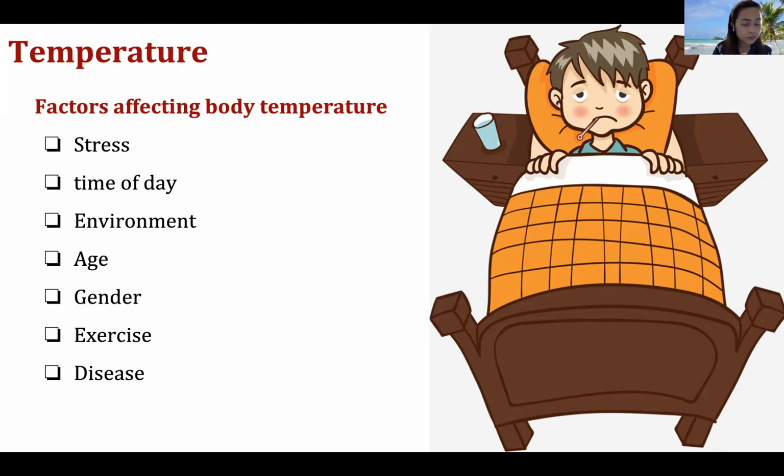For example, if you are having coughs and colds or simply an infection like UTI, your body system or your WBC or your immune system will tell your body to increase the temperature so it will kill the foreign body or the foreign invaders. So these are the factors affecting body temperature.